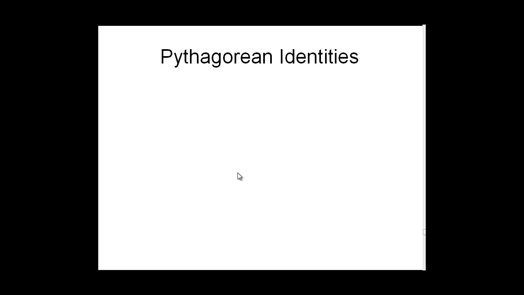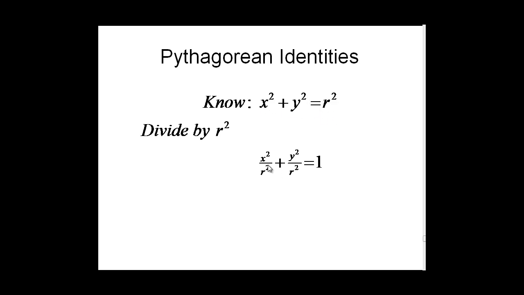Now, the Pythagorean identities are all related to the Pythagorean theorem. We know that x squared plus y squared is equal to r squared from a triangle where x and y are your two sides and r is your hypotenuse. Now, if we divide all three terms by r squared, we get x squared over r squared plus y squared over r squared is equal to 1. Now, in the last video, we had points x, y, and we found out that the x and the y are related to sine and cosine.